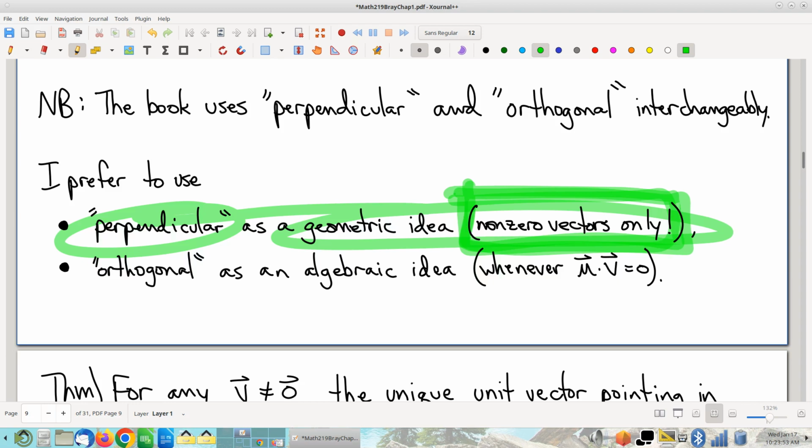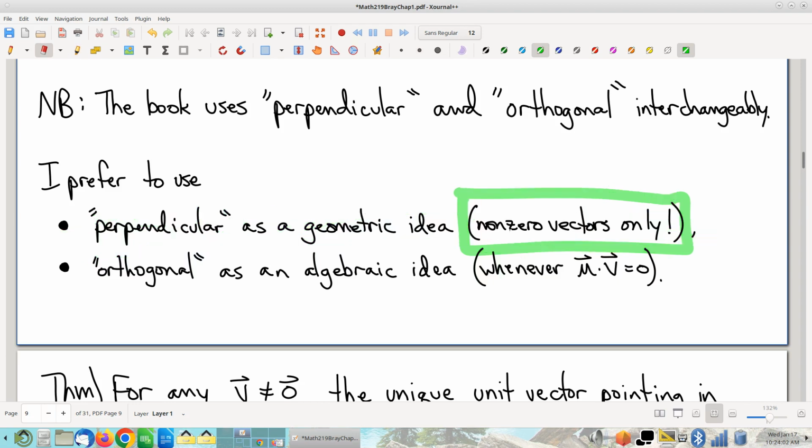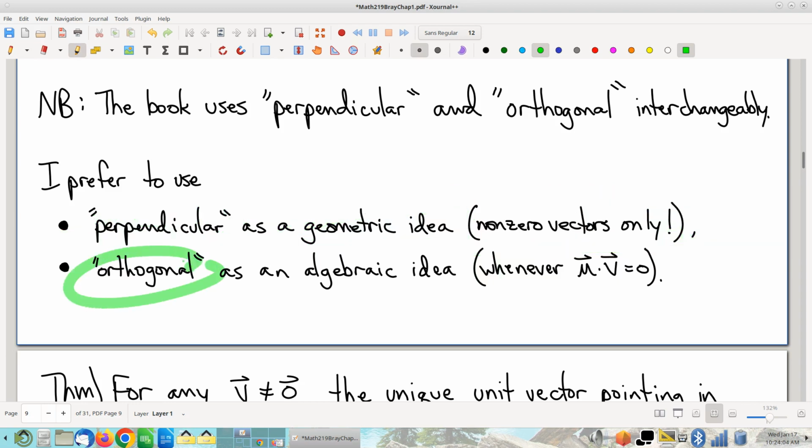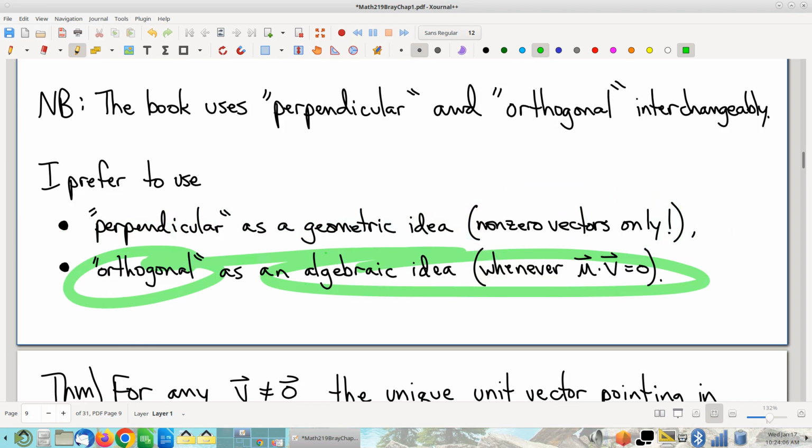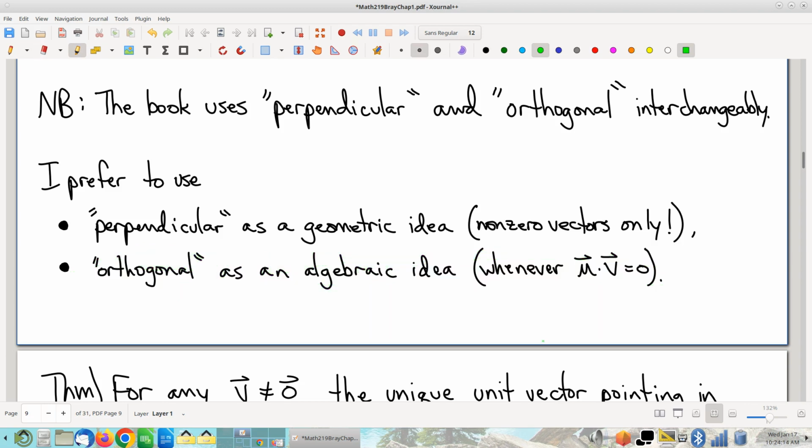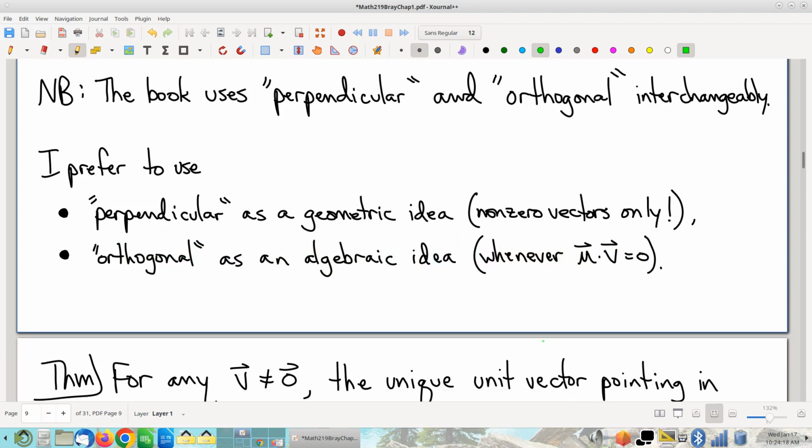I guess you could say it points in all directions equally vacuously. It doesn't make any sense. And then there's the word orthogonal, which I think should be reserved for this algebraic idea. So you can have vectors be orthogonal, but not perpendicular. So anyway, FYI, something to think about.